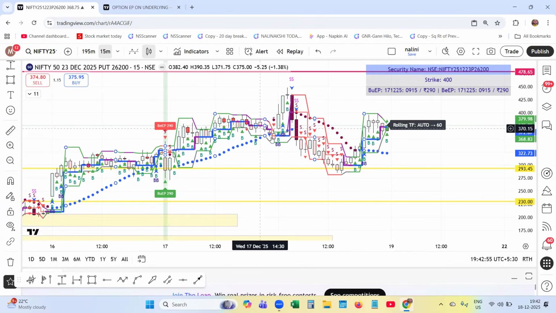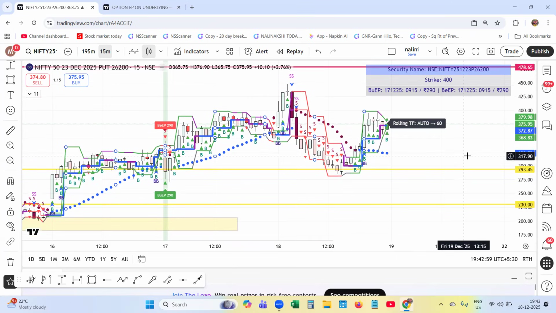So friends, with the help of these two indicators, your trading journey becomes very, very smooth, and you will see profits in your portfolio. Definitely, even if it is a very small amount of profit, you will be ending your day with profits.